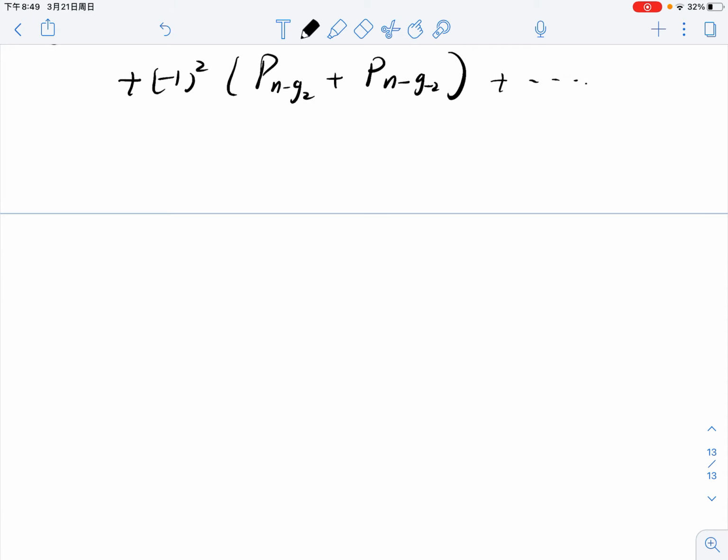Since Pm grows quadratically, gm grows quadratically, so this summation is finite.